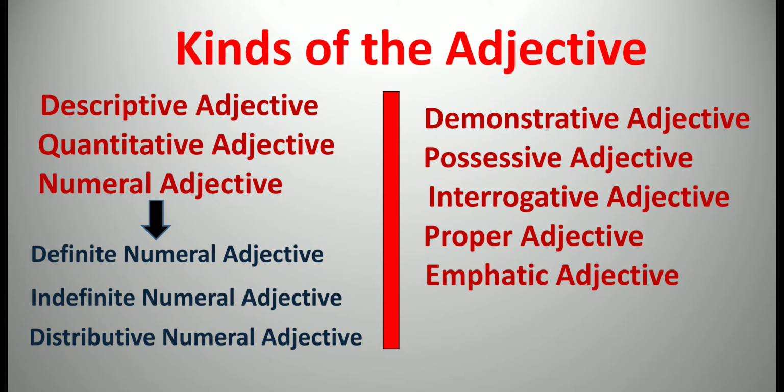Numeral adjectives are further divided into 3 subcategories, and these are definite numeral adjective, indefinite numeral adjective, and distributive numeral adjective. Let's discuss each kind in detail.